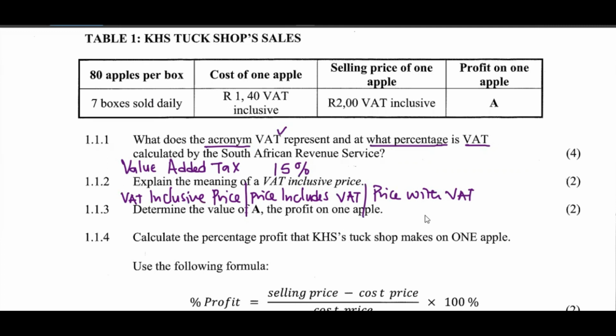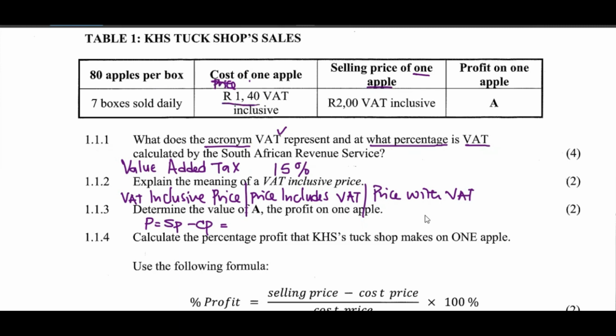Determine the value of A, the profit of only 1 apple. Remember, profit will always equal selling price minus cost price. We come here and we see this is the selling price of 1 apple. Also here, this is the cost. They didn't put price, but it means it's the cost price.